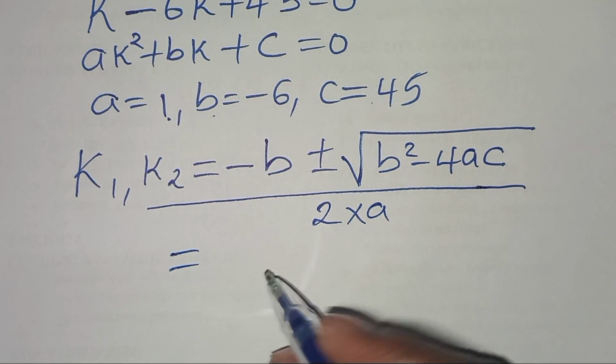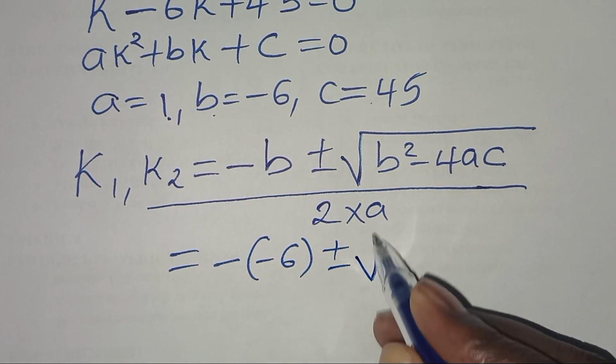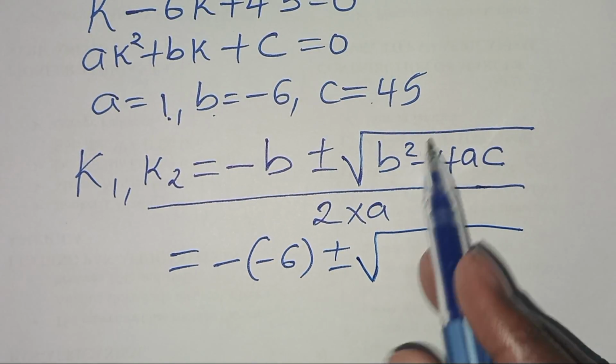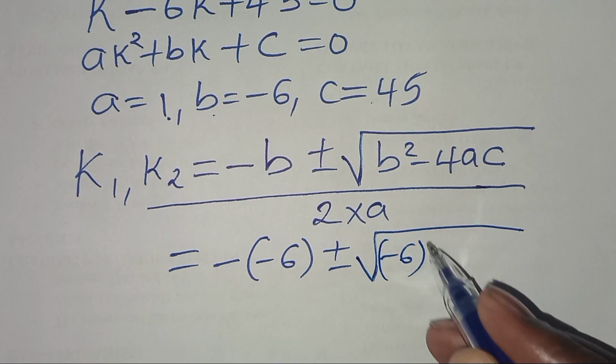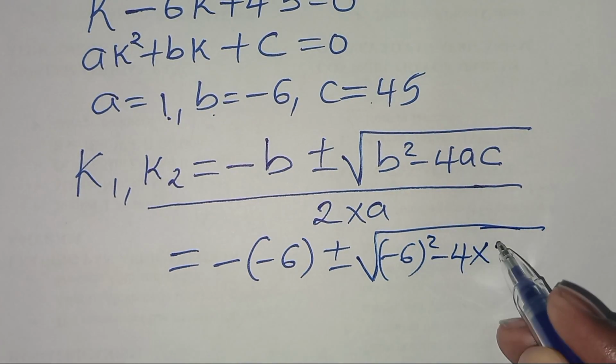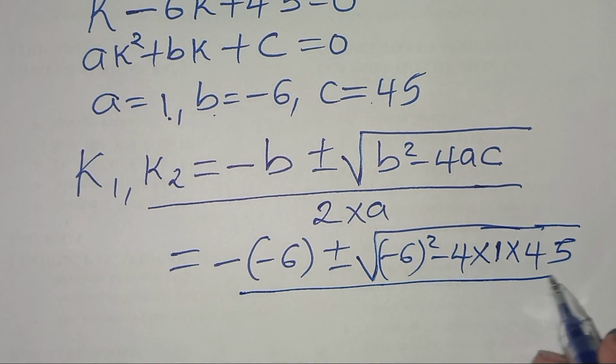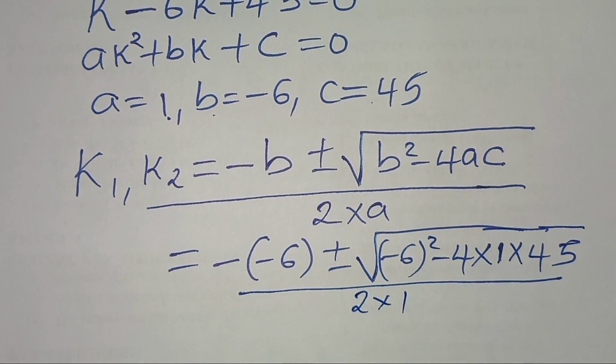Now here we have -6 plus or minus the square root of b squared, which is -6 squared, subtract 4 times a, which is 1, times c, which is 45, all this divided by 2 times 1.